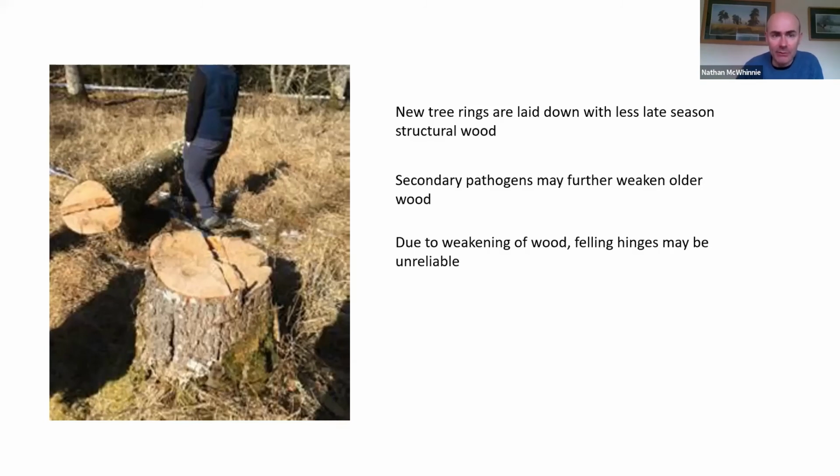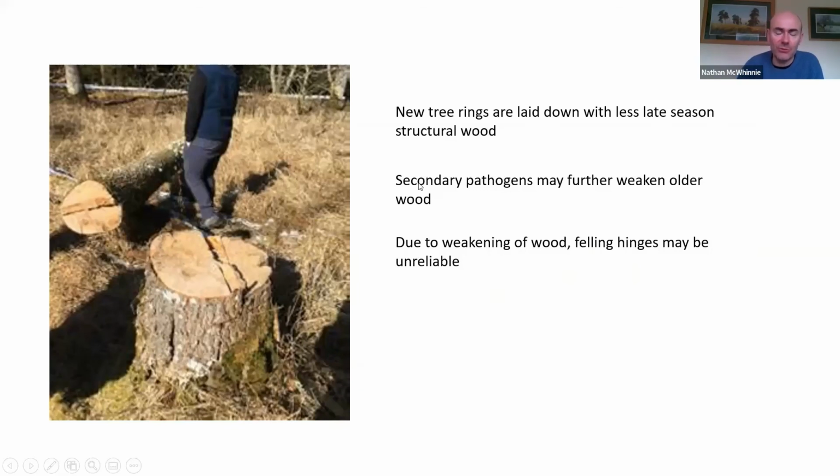It lays them down, but then because of the effect of ash dieback, it doesn't have the strength, and doesn't have the energy stored to lay down later wood vessels, which are the things that give the tree its structural stability.